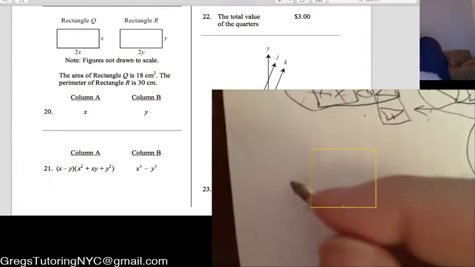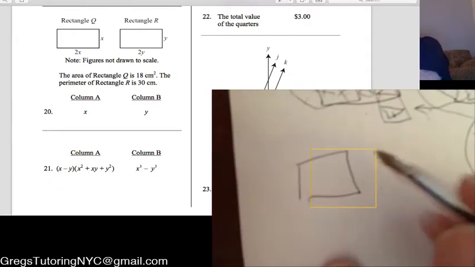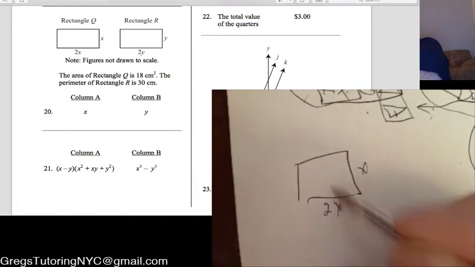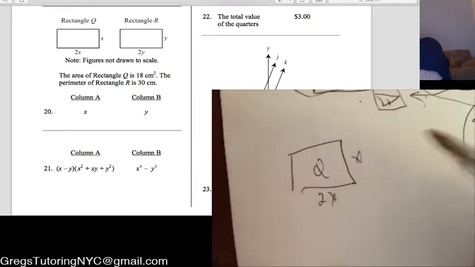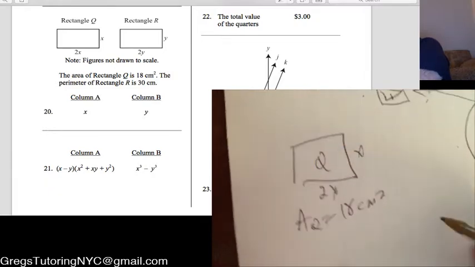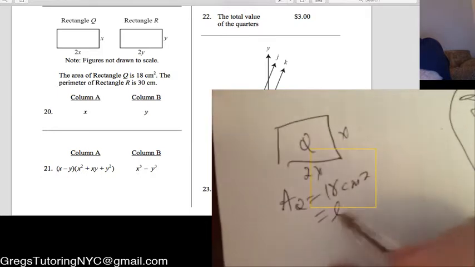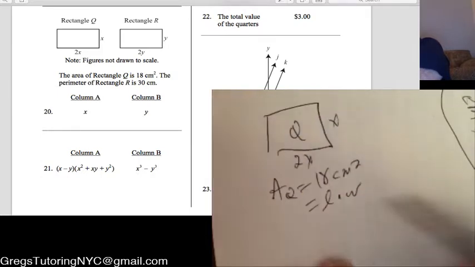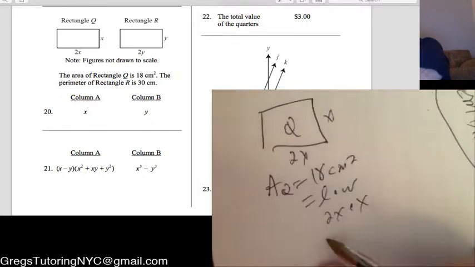So for Q, we have x and 2x. And it says the area of Q is equal to 18 centimeters squared. But we know the area normally is length times width. So we're going to get 2x times x, and that's equal to 2x squared.